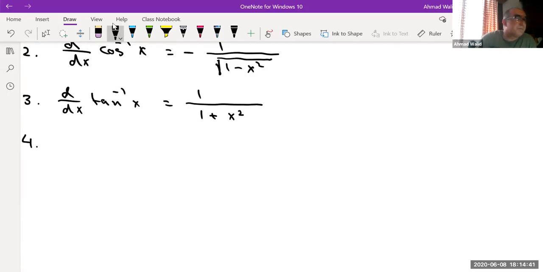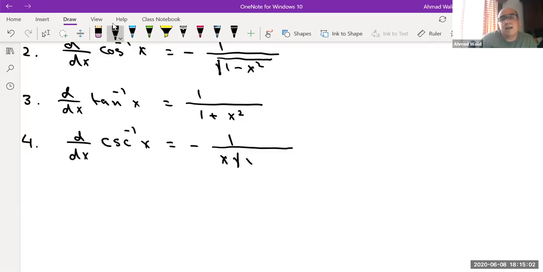Number 4, d/dx of cosecant inverse x equals negative 1 over x square root of x squared minus 1.